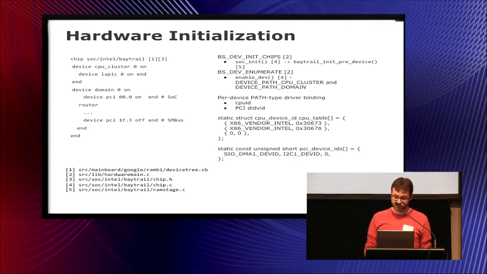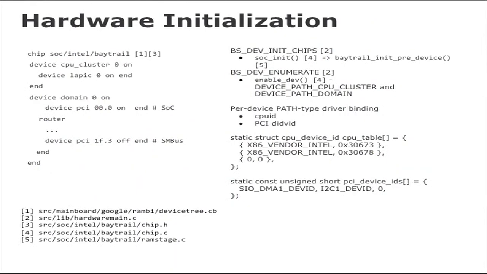The key point is that within the struct device within coreboot, there are different path types, which are essentially enumerations for the type of device. In this case there's device path cluster and device path domain, and it's kind of boilerplate if you look in any chipset, but you actually have to bind operations at runtime for handling these devices.